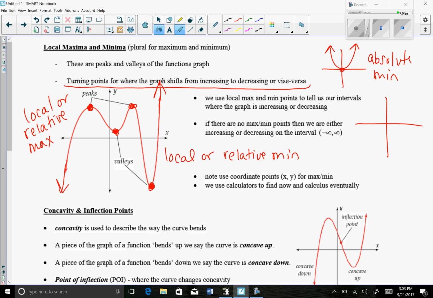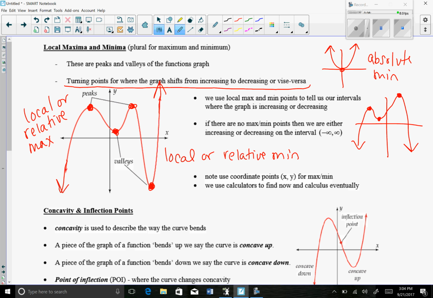If I had maybe a graph that looked something like this, this point right here we would say is an absolute maximum, because it's the highest point on the graph. This point here would be a local minimum, and this point right here would be a local maximum, because again, relative to the points around them, they're the highest or the lowest, but they're not the actual highest and lowest of the graph.